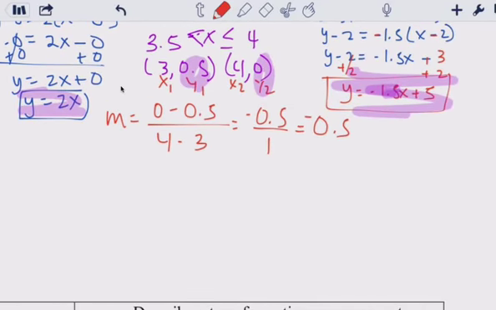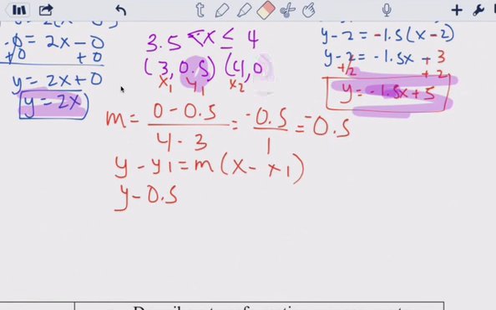Alright, so point slope, y minus y1 equals m parentheses x minus x1. I'll use this point here. It doesn't matter which one you choose.